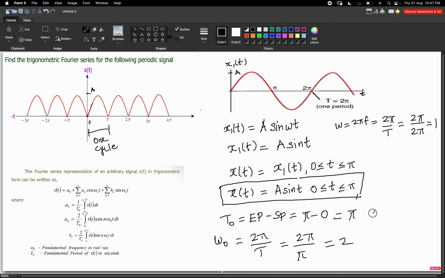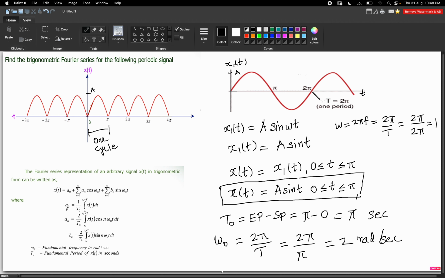Here the unit of t is seconds and the unit of omega naught is radian per second. Okay, so if you found omega naught, t naught and x of t, it is easy to find a naught, an, bn using the formula mentioned.